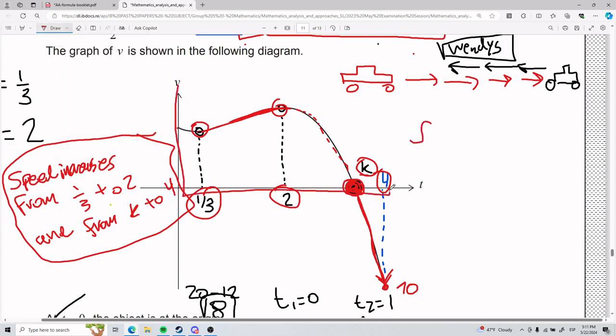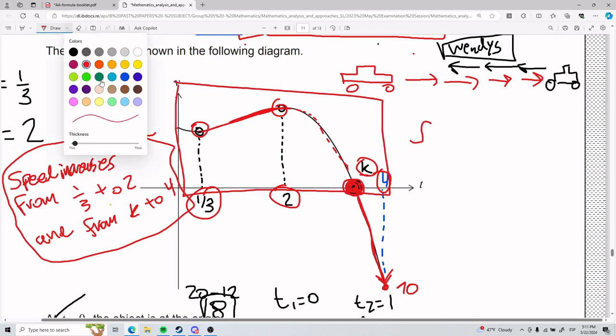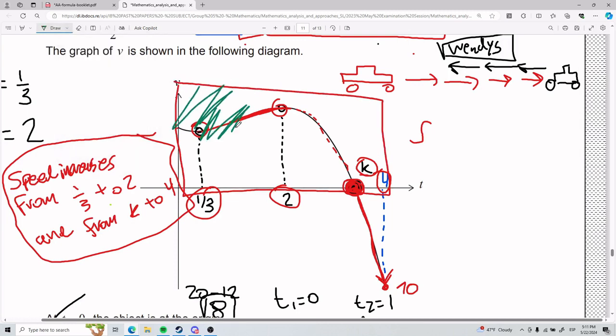The part that's positive does not need an absolute value. So for this first section, the part that I'm putting now in green is going to be the integral from 1/3 up until 2 of your velocity function with respect to dt, right?